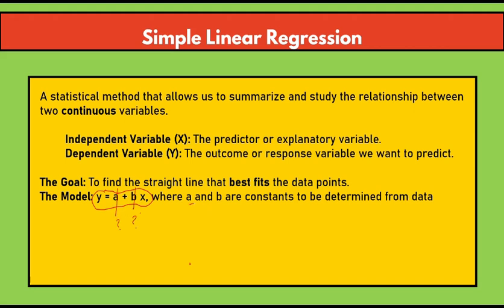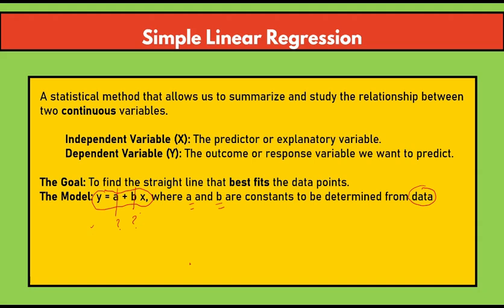These two values a and b are constants which are determined from the data. That means we have data which appears pairwise, values of x and corresponding values of y. Based on this data, in simple linear regression, we basically try to estimate the values of a and b, and these are called the constants.